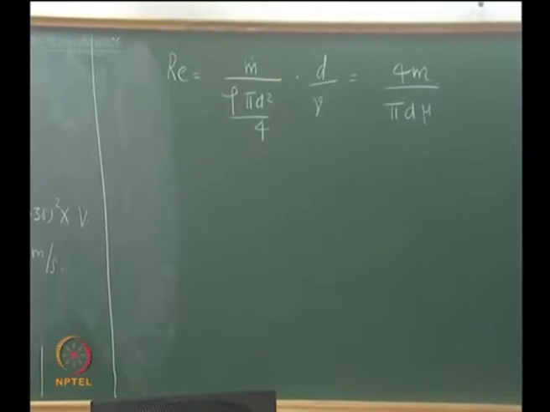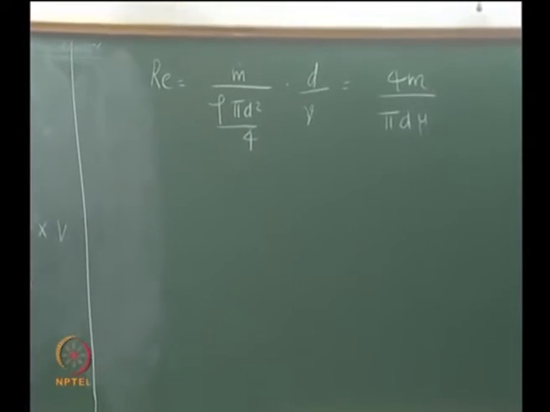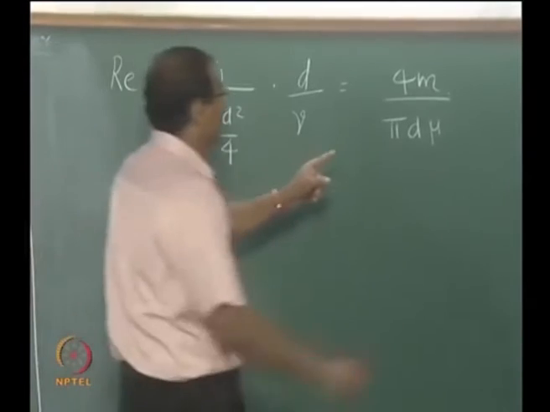So, why am I writing the same thing in different ways? This is the engineering definition of Reynolds number.